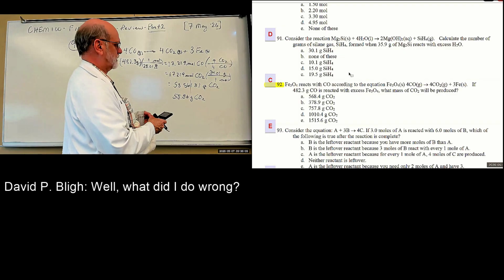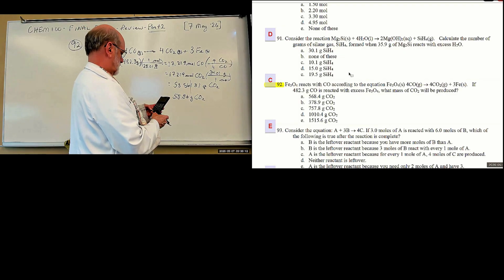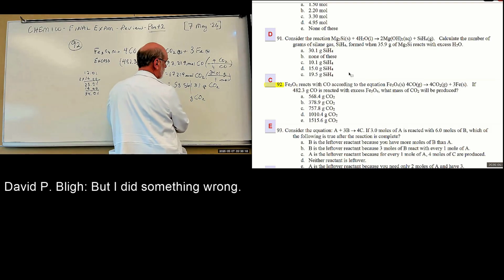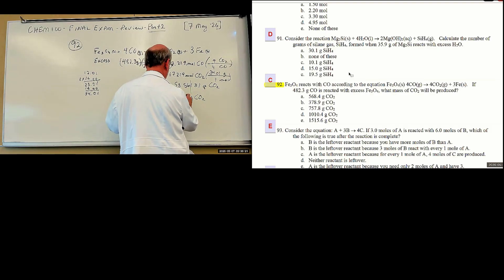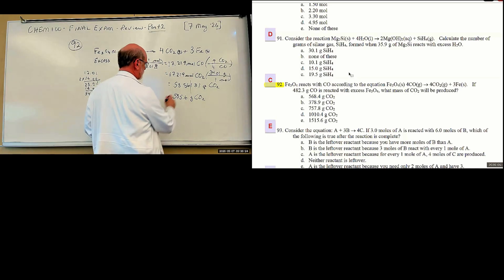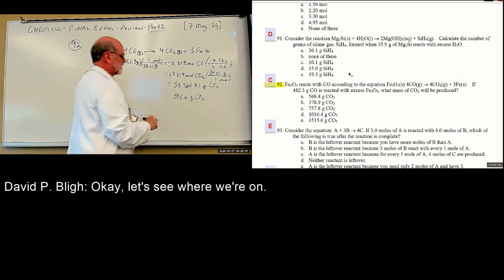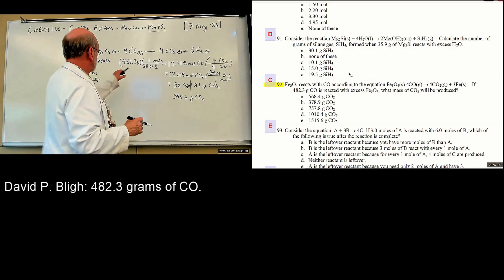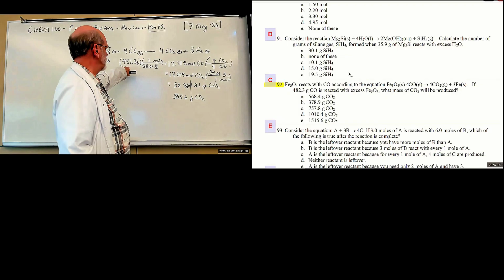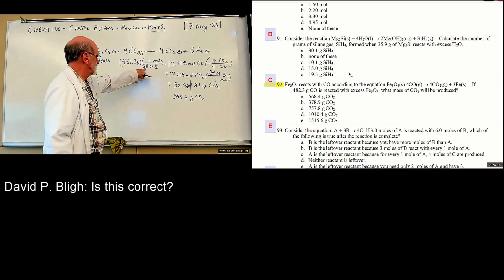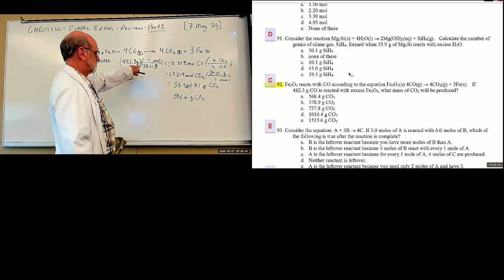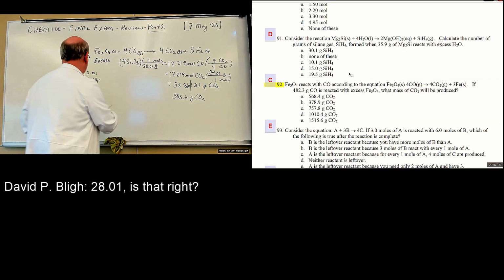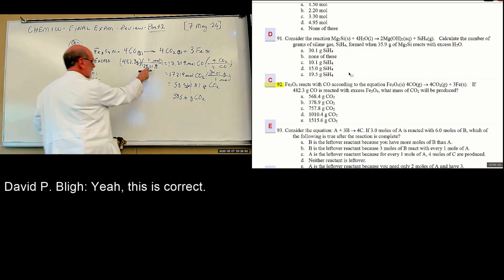Well, what did I do wrong? That was 585. But I did something wrong. Okay, let's see where I went wrong. 482.3 grams of CO. Is this correct? I bet that's not correct. 28.01, is that right? Yeah, this is correct.